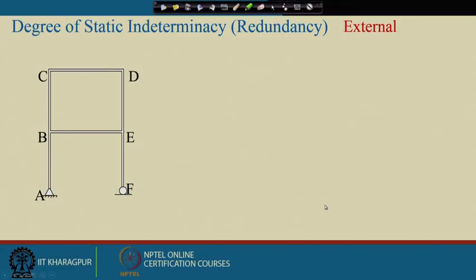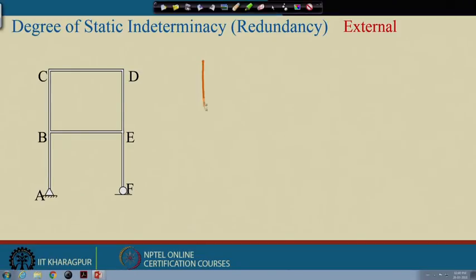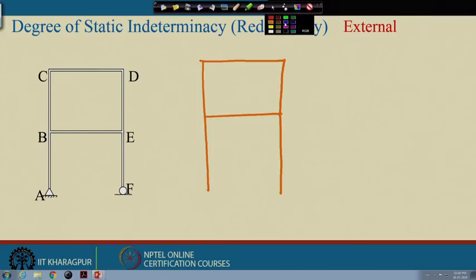Okay. Now, if we see one more, the frame structure, if we draw the free body diagram of the entire structure, this is the free body diagram. This is a hinge support, 2 forces, and this is a roller support, we have 1 more force.